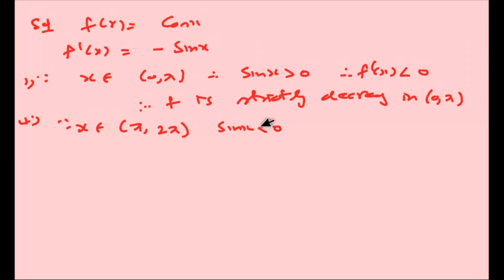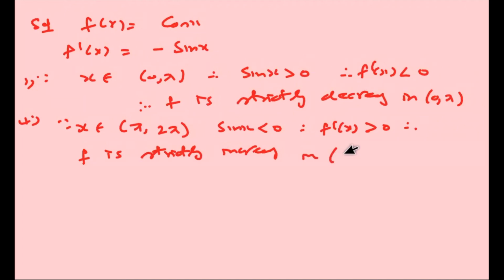Now it is negative. Negative into negative is positive. Hence f dash x is greater than 0. So f is strictly increasing. Hence we can say f is strictly increasing in pi to 2 pi.